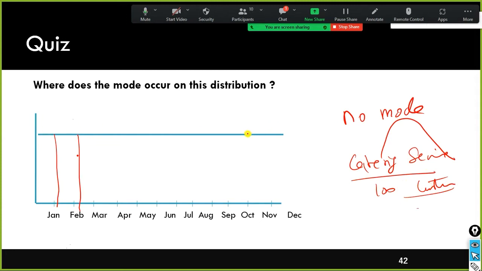If you see here consistently, in all the months in a year you served food only to 100 customers. Hence your revenue is also uniform. This is called your uniform distribution. A uniform distribution does not have a mode. Remember this, because we don't have any peak here.